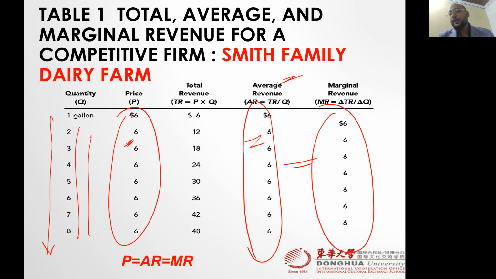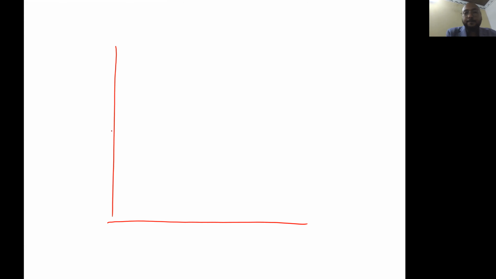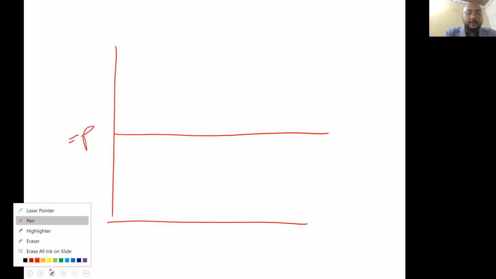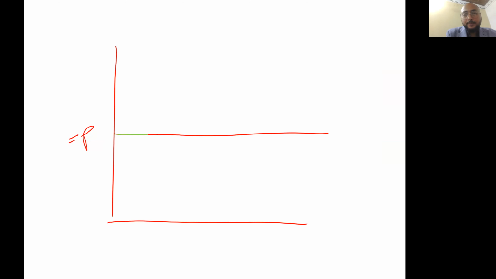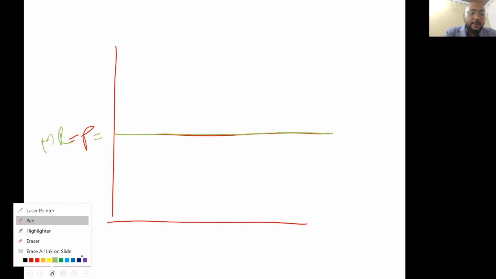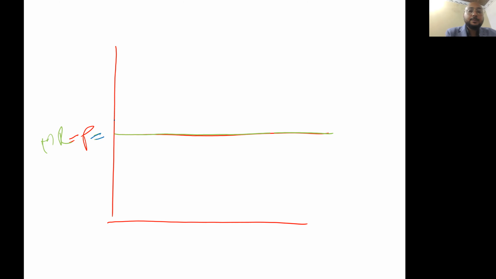With an increase in quantity, your MR is fixed. So your revenue structure would be this: this is the market price, it is the same as marginal revenue, and it is the same as average revenue. Our three lines are on the same point.